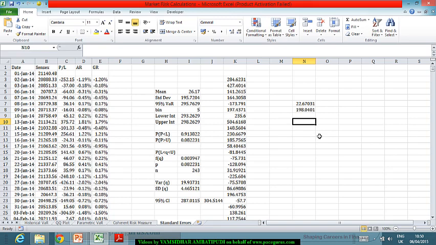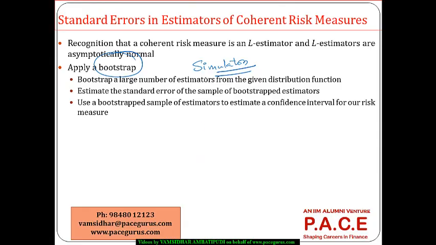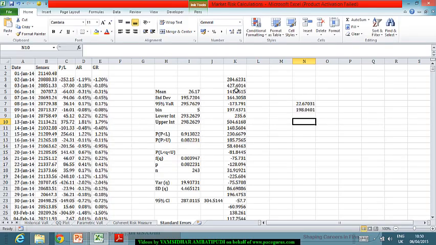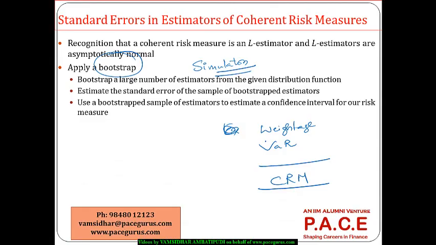Now what we are simply saying is, using this particular data, now that I know the VaR, I compute the different coherent risk measures by following an appropriate weightage function, by computing the different values at risk. I'll finally come out with a coherent risk measure. Now this keeps on changing, which means I am getting different coherent risk measures out of each of the different samples that are getting generated.